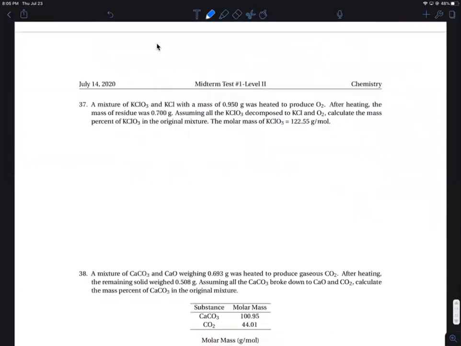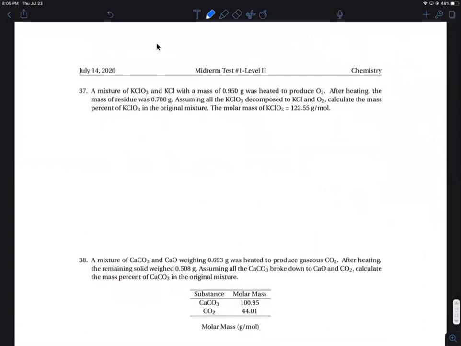Okay, and then for number 37, a mixture of this with a mass is heated to produce O2. After heating the mass, a residue was this.